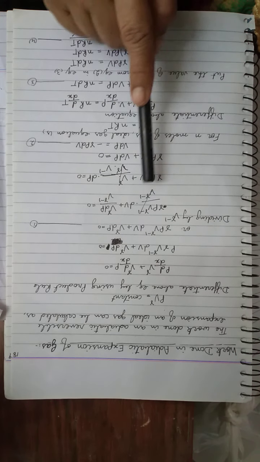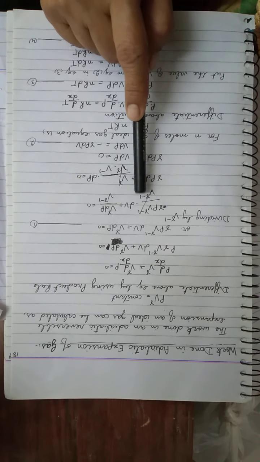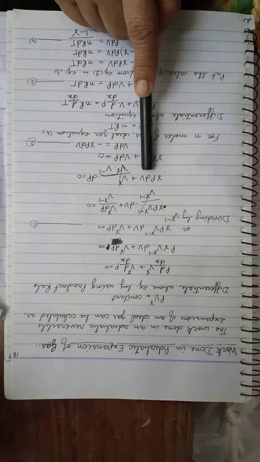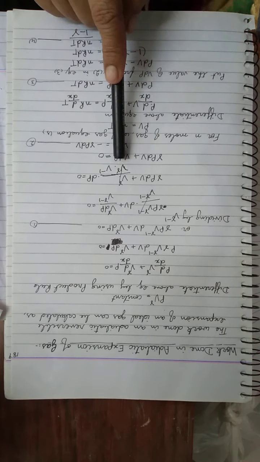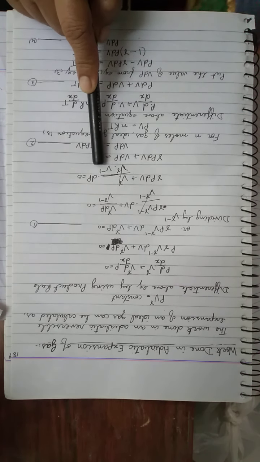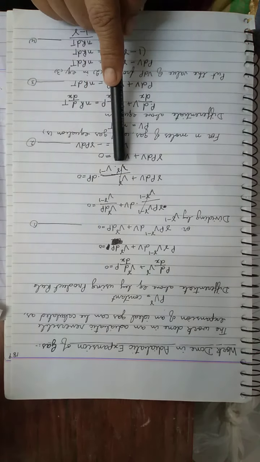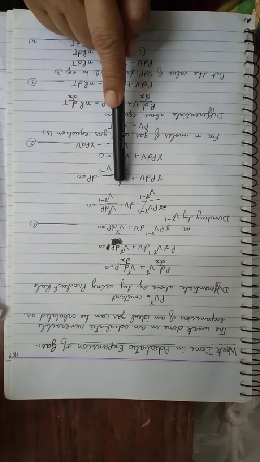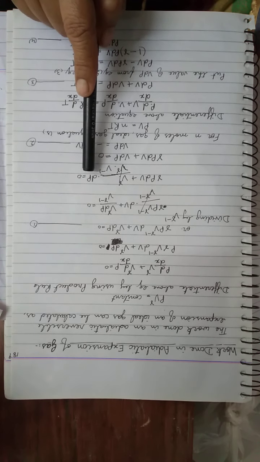So cancel V^(γ-1) with V^(γ-1). The result will be γ P dV plus V^γ divided by V^γ into V^(-1). We can write this V^(γ-1) in this way, V^γ into V^(-1). Cancel V^γ with this V^γ into dP is equal to 0.